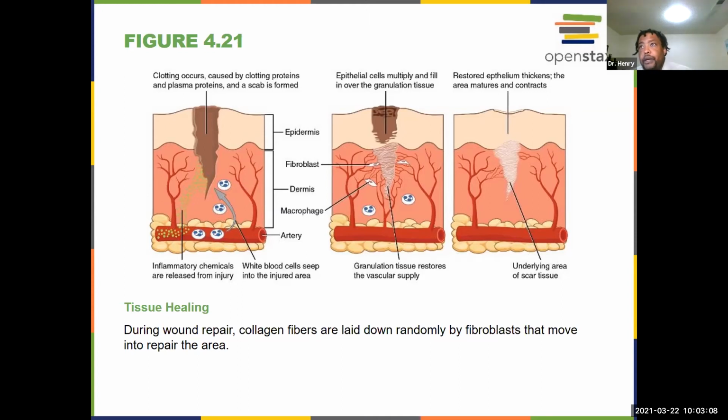Your clotting proteins are going to be produced, they're going to be secreted, and then a lot of your plasma proteins are going to sit there, and it's going to form what we call our scab, right? Then from our cells, we're going to get inflammation. So it's going to swell, it's going to turn red. What we see is that red part, but what's happening is that we're sending chemicals to say, hey, we have an injury. We need to make sure that this gets fixed.